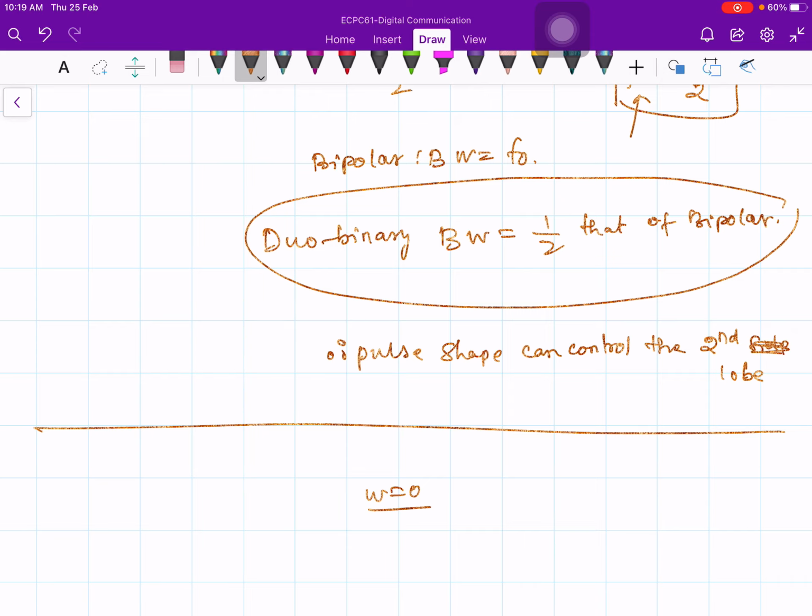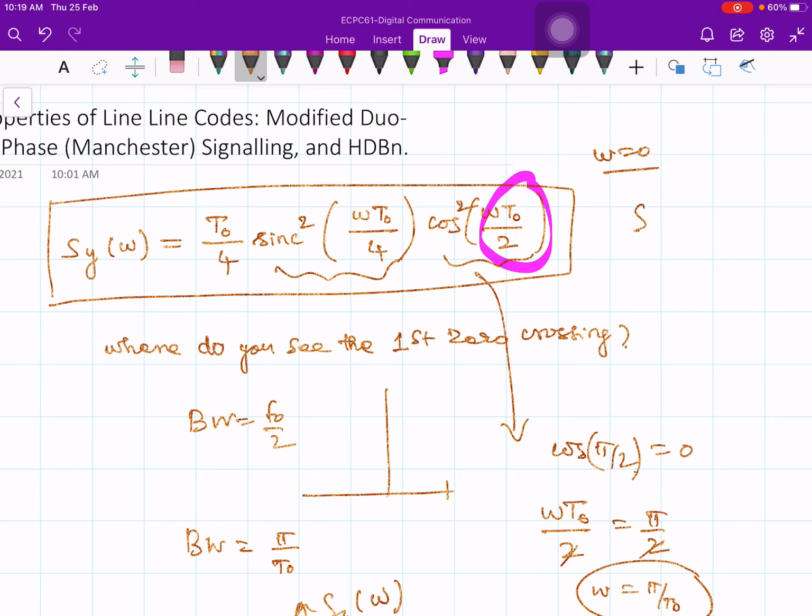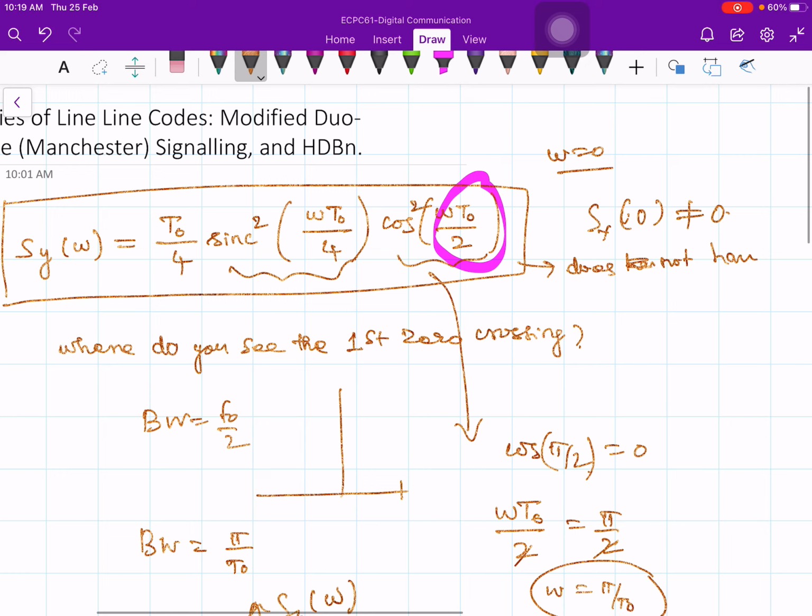We don't have a spectral null at omega equal to 0. You take this expression, if you substitute omega equal to 0, you see that Sy of 0 is not equal to 0. Therefore this function does not have a spectral null at omega equal to 0.